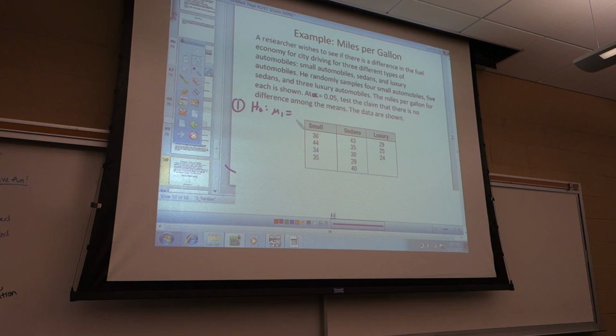Yep, there's 3 of them, so mu1 equals mu2 equals mu3. Okay. What do you have for my H1? That at least one mean is different from the other. Yeah, at least one mean differs.